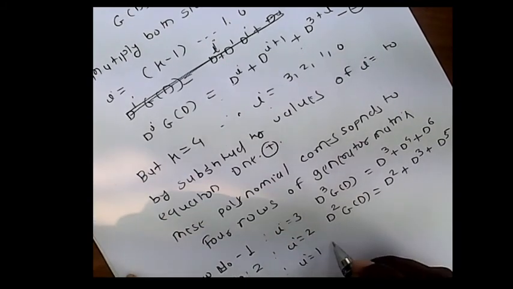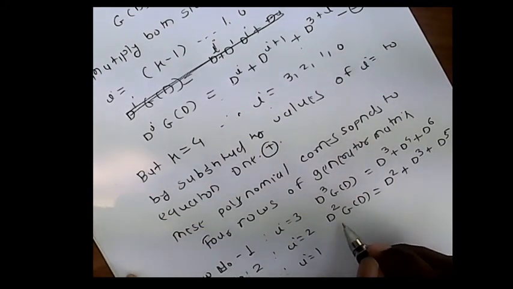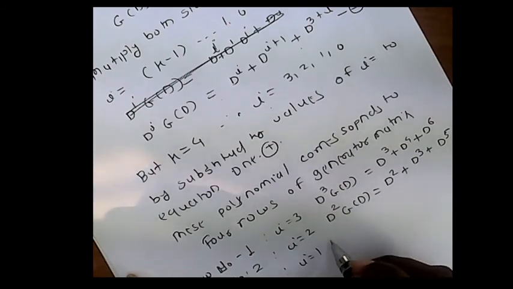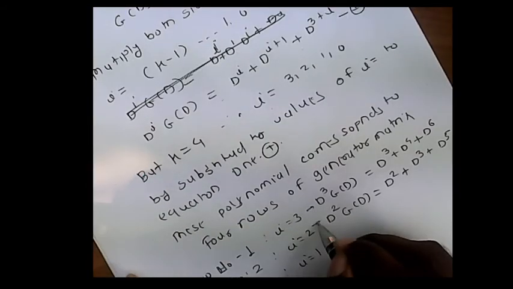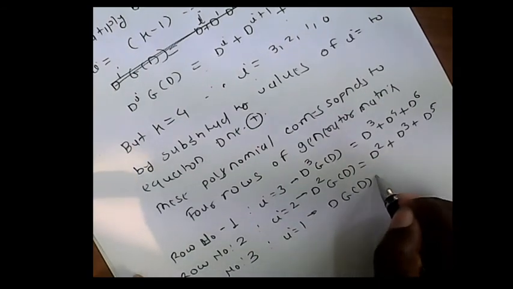Row number 3, when put i is equal to 1, we get d into g(d), d, d square, d raised to power 4.